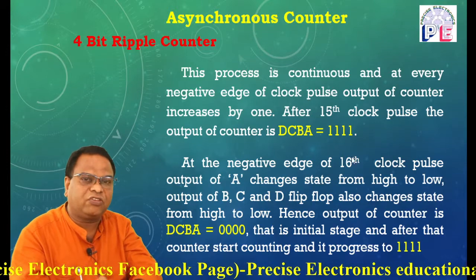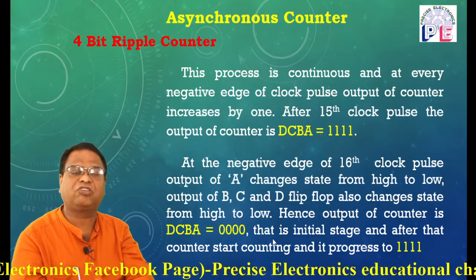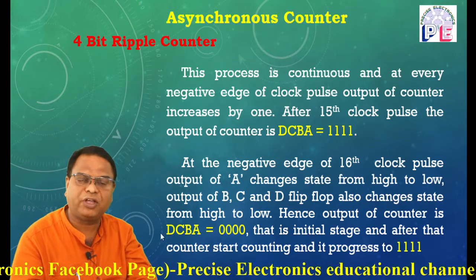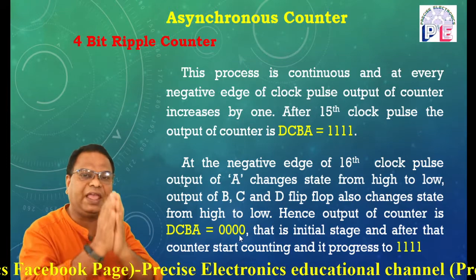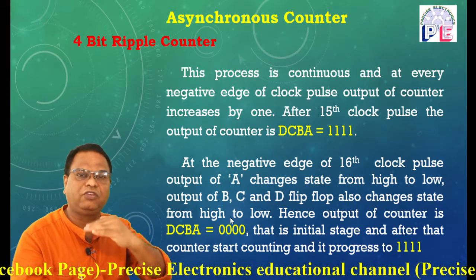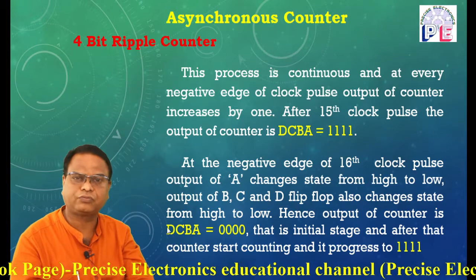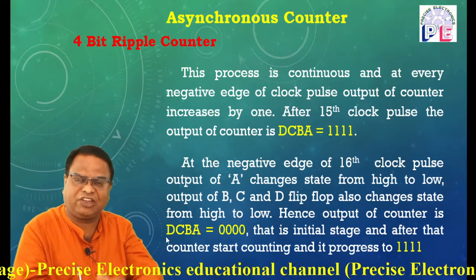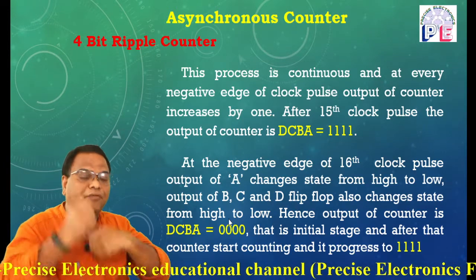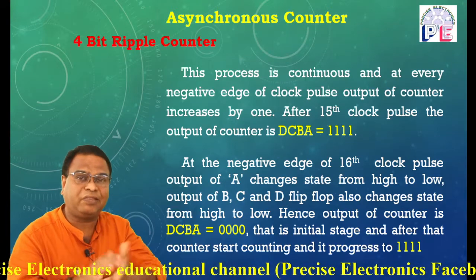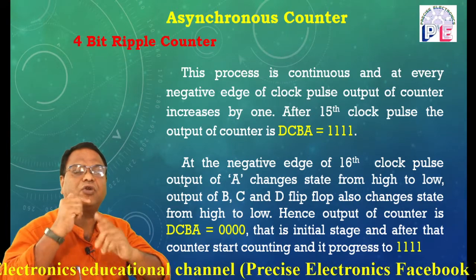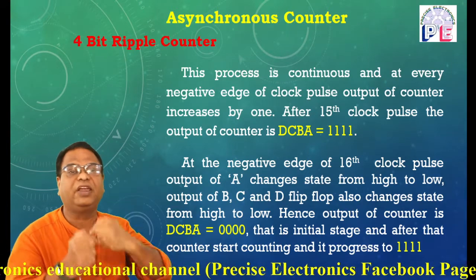So at the end of the 16th clock pulse, at the negative edge of the 16th clock pulse, the output of counter is DCBA equal to 0, 0, 0, 0. That is our initial stage. So after that, when the 17th pulse appears, the counter starts counting from its beginning, from its initial condition.